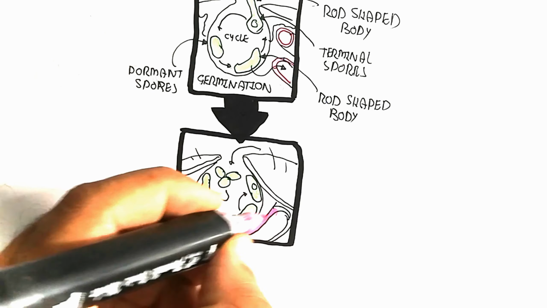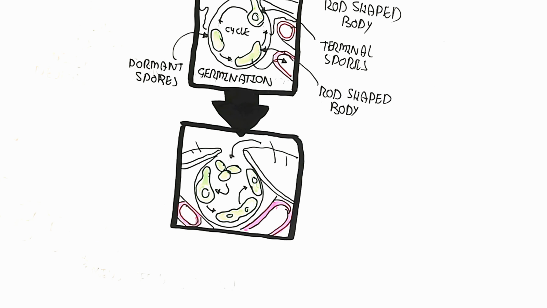The spores then enter more and grow more, and in this way they lead to production of the tetanospasmin toxin. This toxin will enter the blood circulatory system, and the bacterial spores also enter the blood circulatory system, but mostly the tetanospasmin toxin enters first.